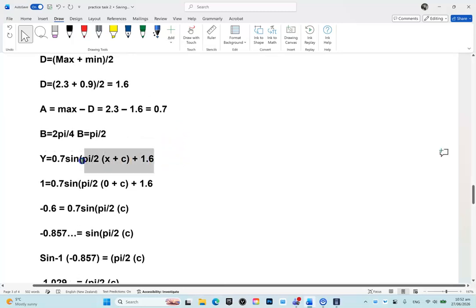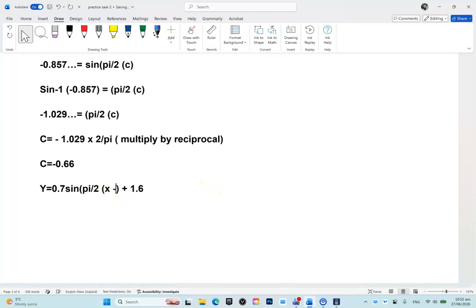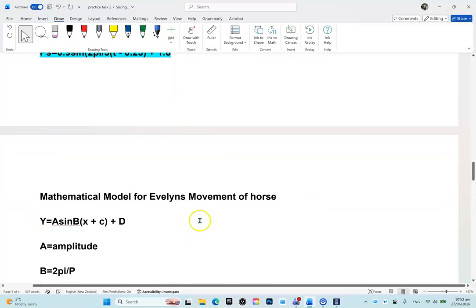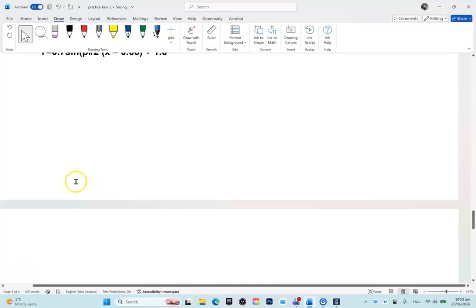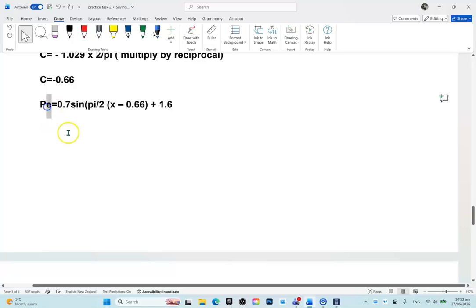So if I just copy and paste this equation here, we can write it in terms of the context properly. So negative 0.66. Instead of writing y and x, because we want to link it to the context, we're going to model it like how we did with Susan. So position of Evelyn, so we can have P and E. This E is meant to be small.